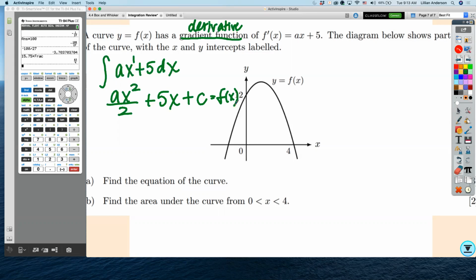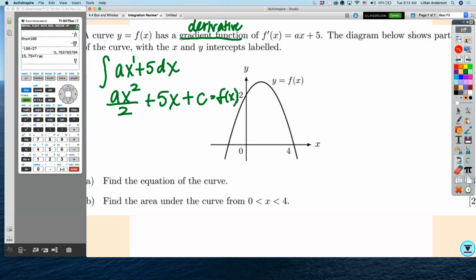I need to find c and a. To find any variable, whether it's a calculus problem, a function problem with quadratics, or even exponential, you need to use another point on the function to plug in for x and y to find your missing variables. Unfortunately, we have 2 here, so we're going to have to plug in 2 points to find my variables.